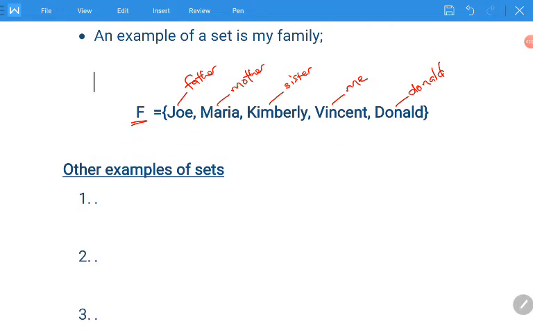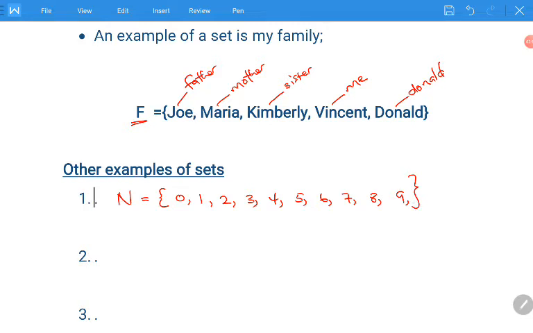Let's look at other examples of sets. Let's consider numbers which are less than 10. That's a set, and I'm going to call that set N. So I use capital letter N is equal to 0, 1, 2, 3, 4, 5, 6, 7, 8, 9.